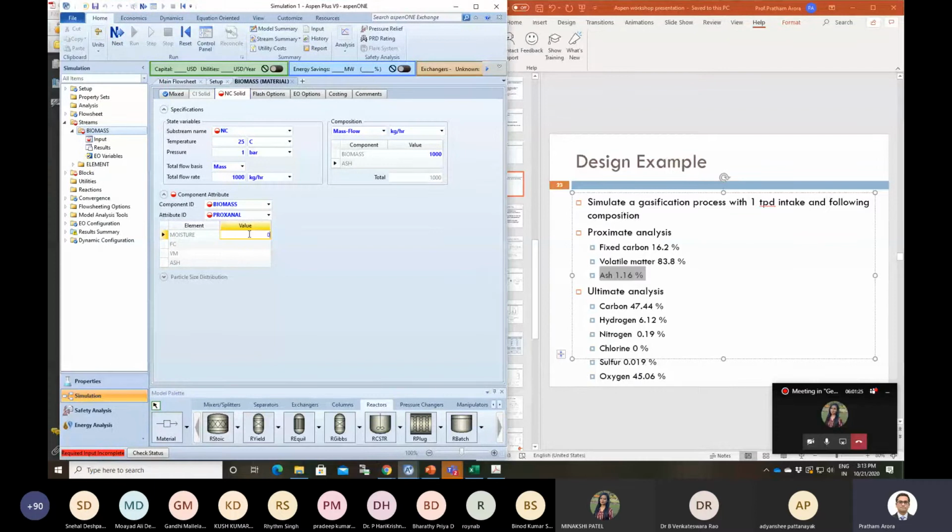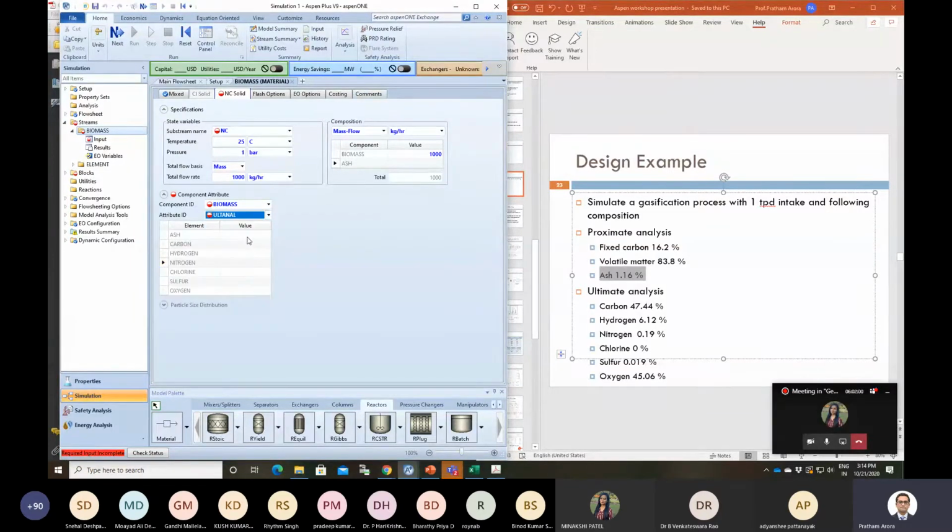So again, I give these values: 0, the fixed carbon is 16.2, and 1.16. The software has the ability to normalize the values. In case I provide the values as 0.162, 0.838, and 0.0116, it would normalize it and get the total of 1 or 100. So it doesn't matter if you are giving it as a total of 1 or total of 100, it will normalize everything.